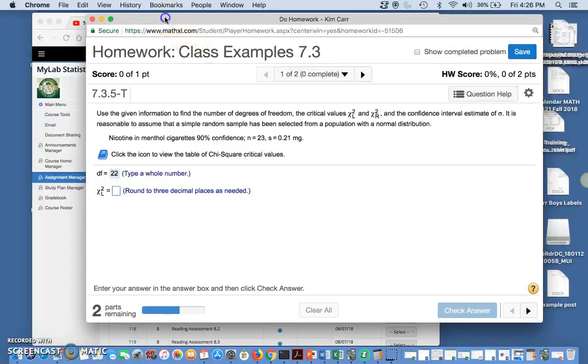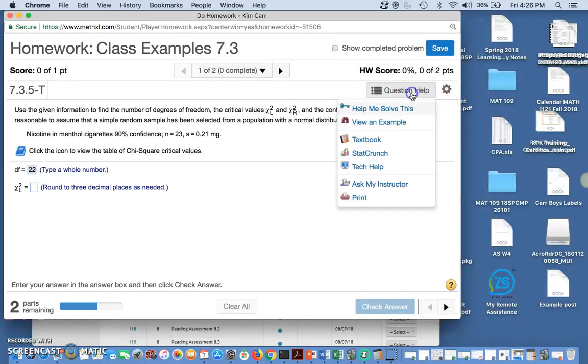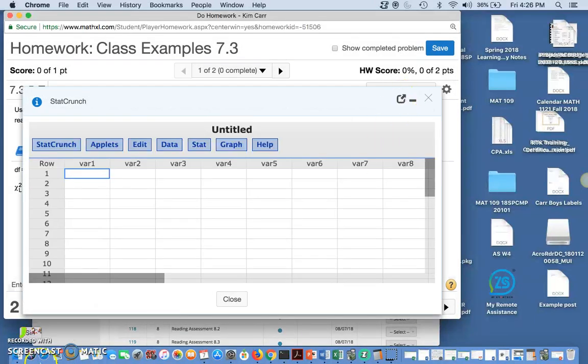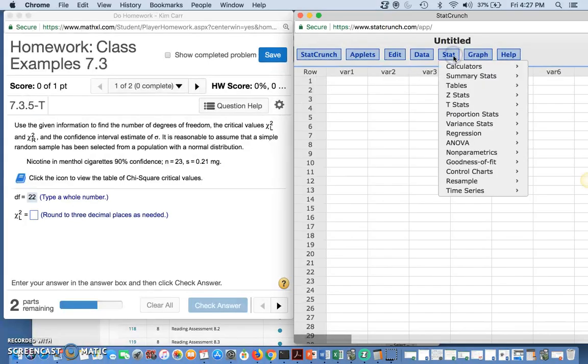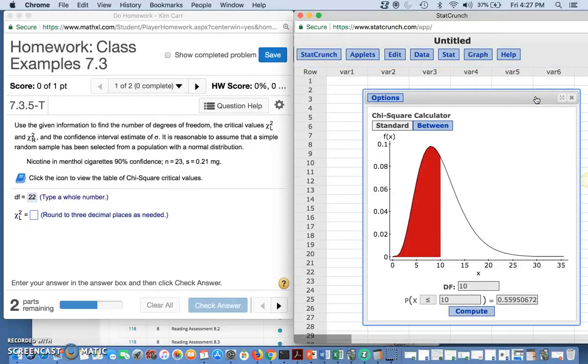Okay, now they're wanting you to figure these chi-squares. And in order to figure the chi-squares, we want to open up StatCrunch. Okay, we've got StatCrunch open. We'll also need a calculator just to do some of the arithmetic. So we want to go to Stat, we want calculators, and we want a chi-square calculator.